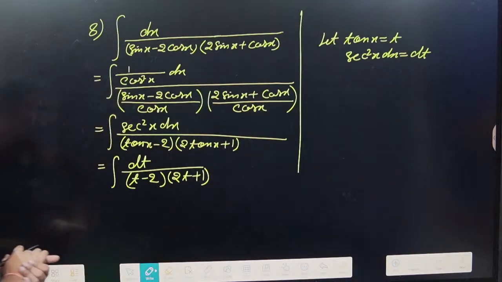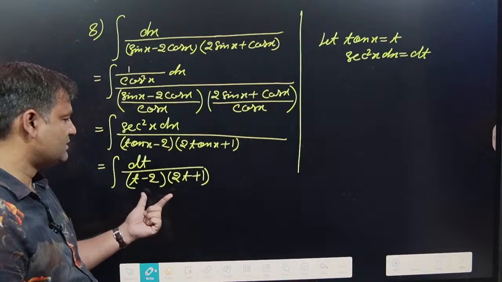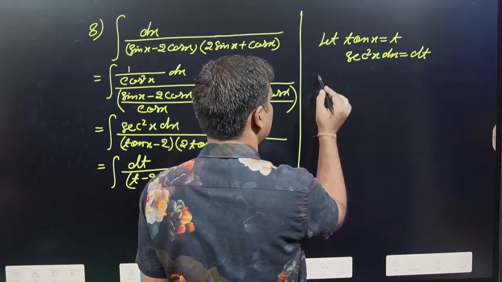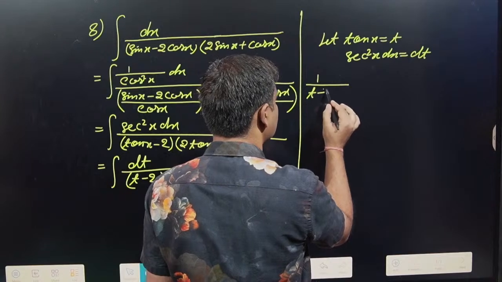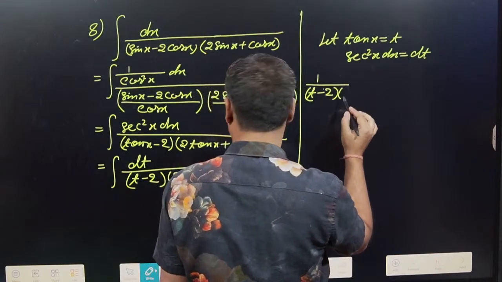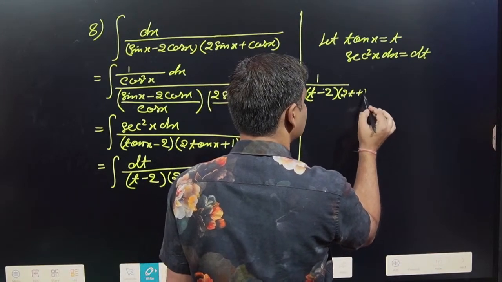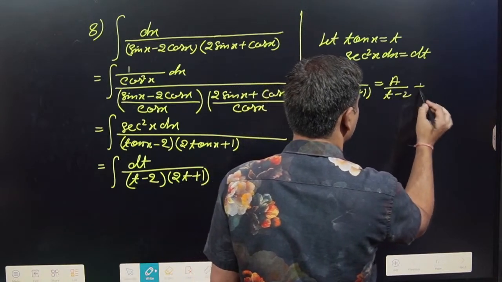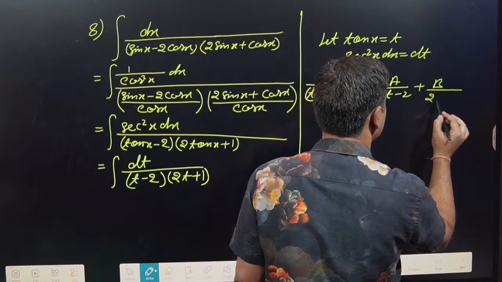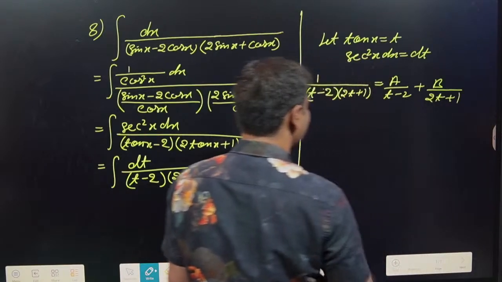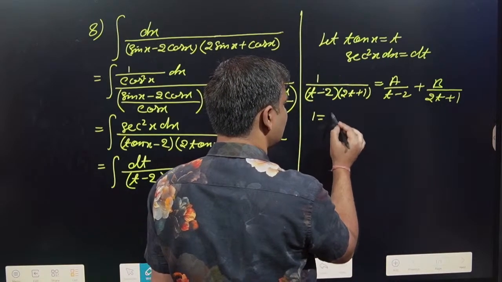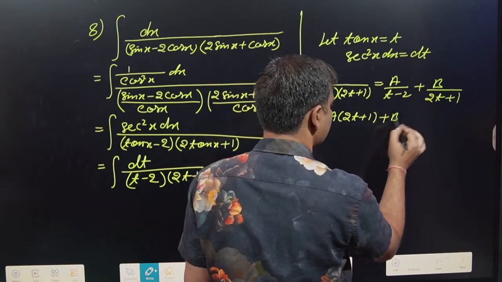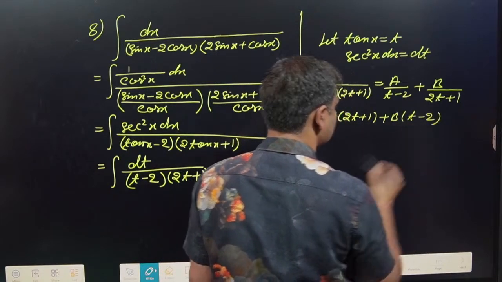How can we solve this type of problem? Simply, solve this one using partial fractions. 1 upon (t minus 2) into (2t plus 1) is written as A upon (t minus 2) plus B upon (2t plus 1). So 1 will equal A into (2t plus 1) plus B into (t minus 2).